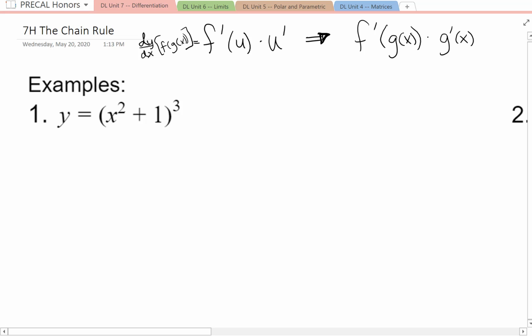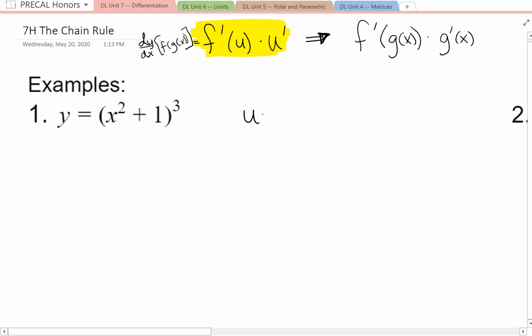I do prefer using u instead of using g of x. The only thing you have to remember is that u is a function of x, or whatever variable they've given you. So you need to know what is your inside function and what is your outside function.